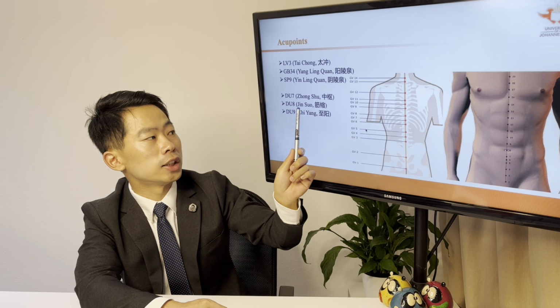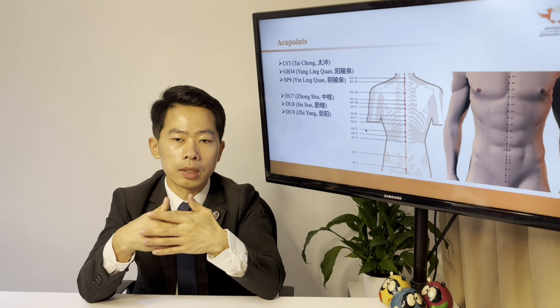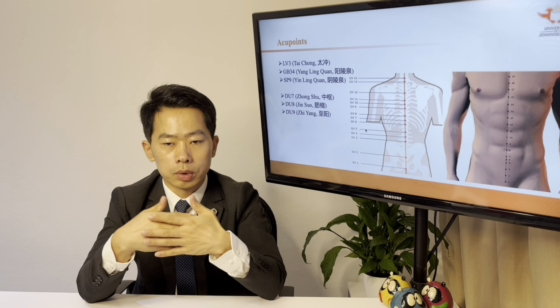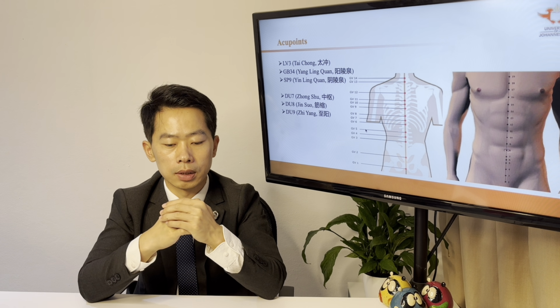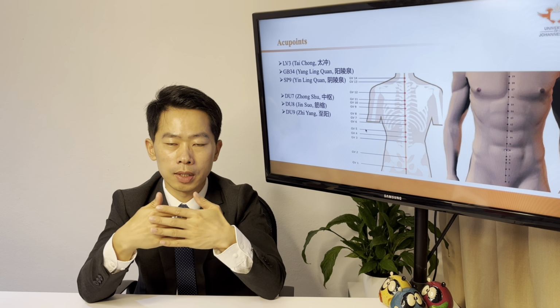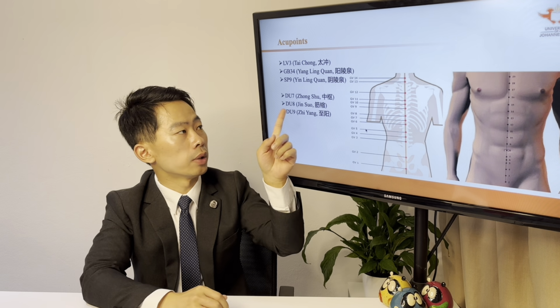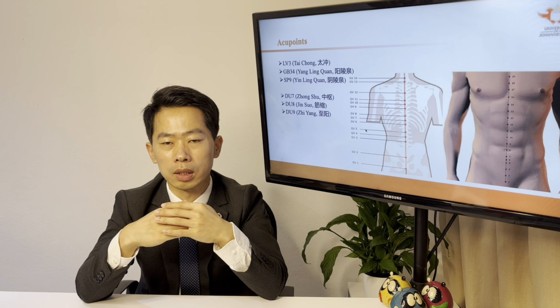Du 8, 筋缩. 筋 is ligament, 缩 is contraction. When the ligaments contract together, what happens is spasm. This can be a physical spasm. For example, the patient may feel the pain of spasm, so you can use Du 8. Or sometimes spasm can be a limitation of movement.